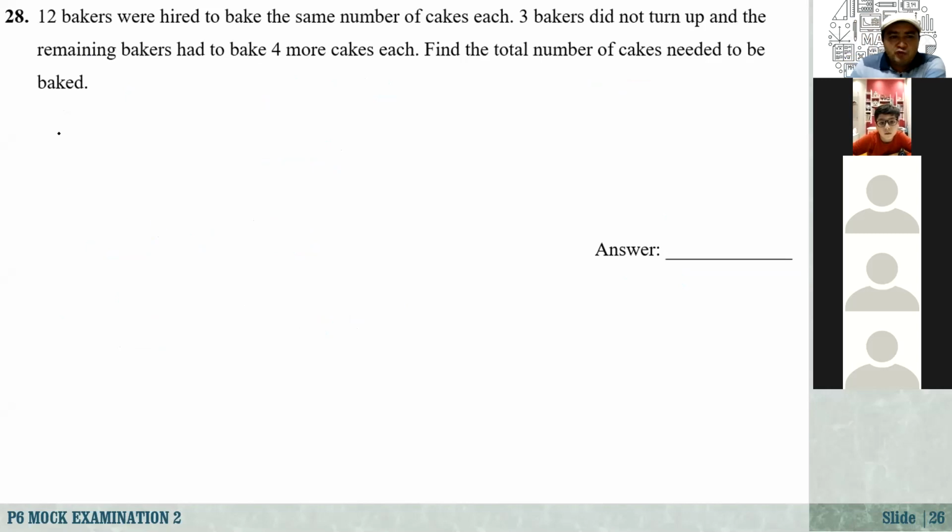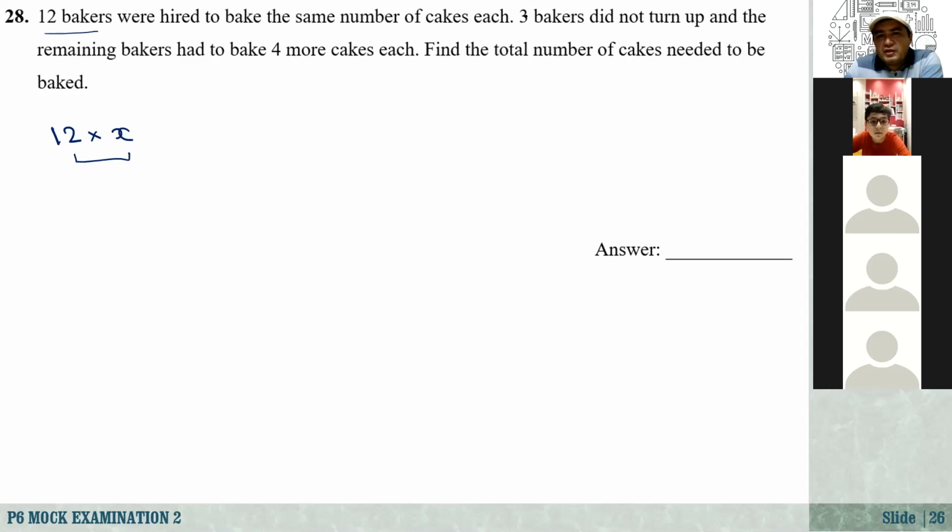Now, 12 bakers. Let's say each has to bake X cakes. I don't know X, so each one has to bake X cakes. So altogether it will be 12X, right?